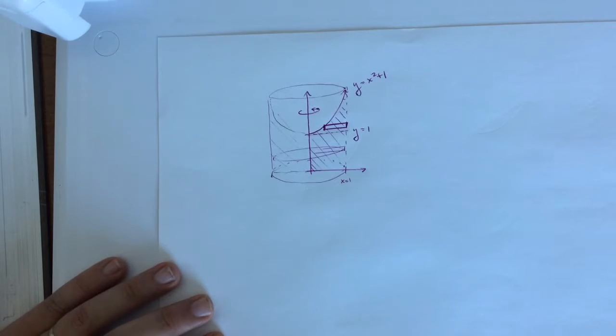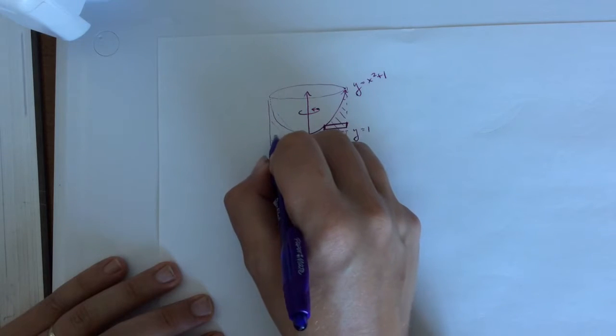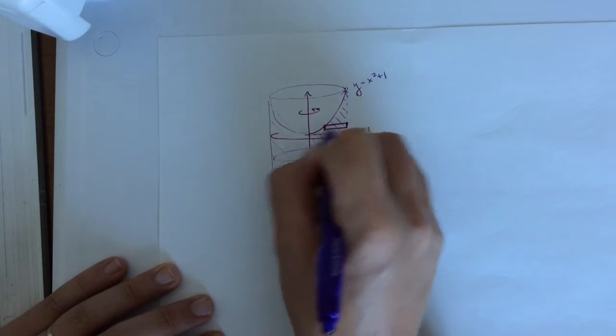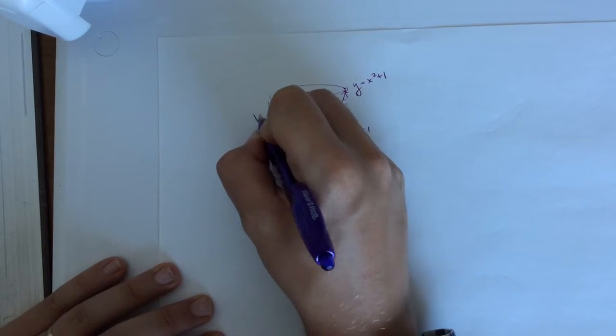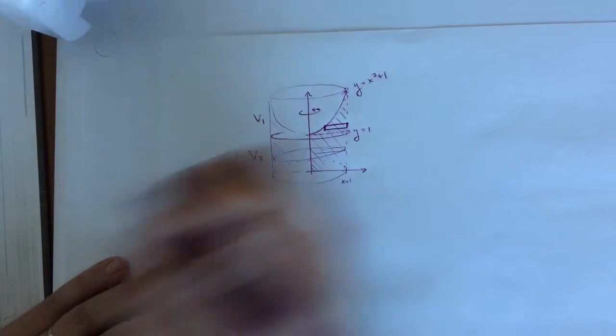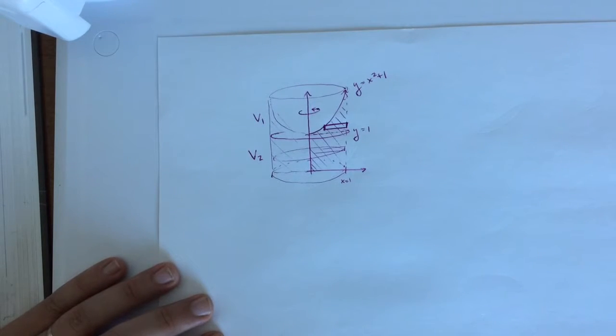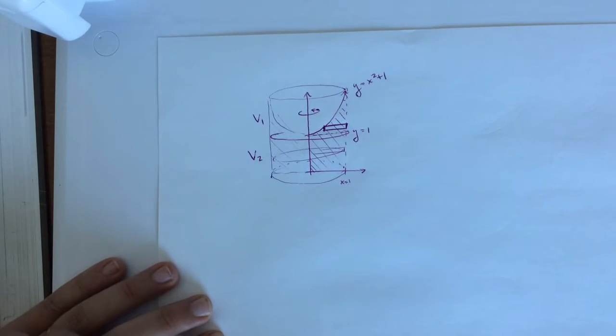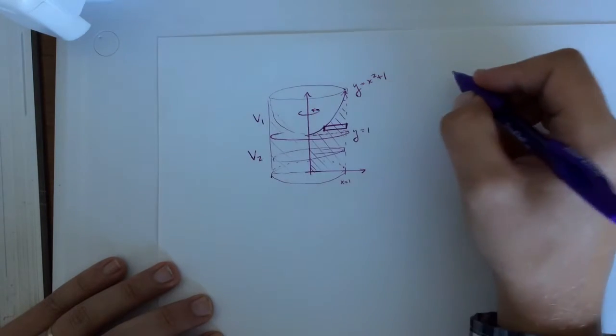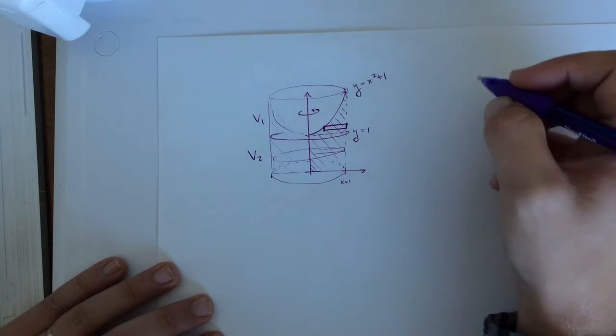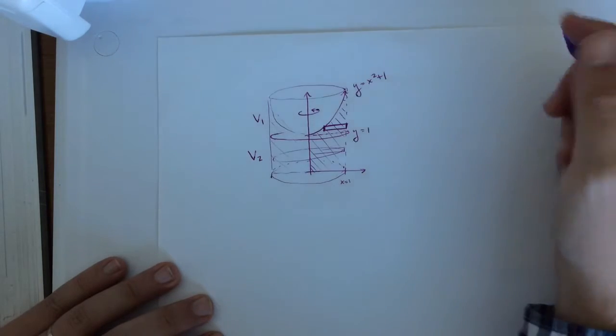So we're actually going to need two different integrals to compute this volume. Let's split this into two parts. I'm going to call the upper part V1 and the bottom part V2. For V1, we're going to use the washer method, or excuse me, for V2, we're going to use the disk method.